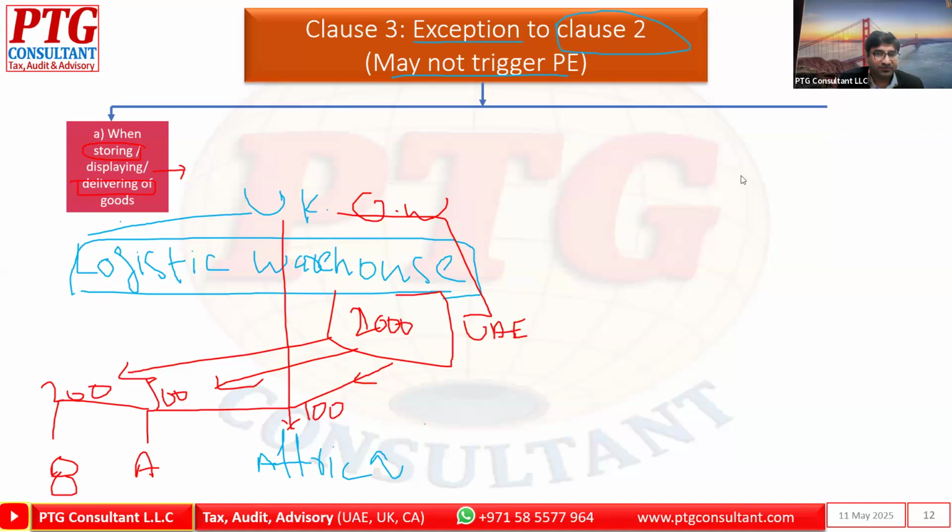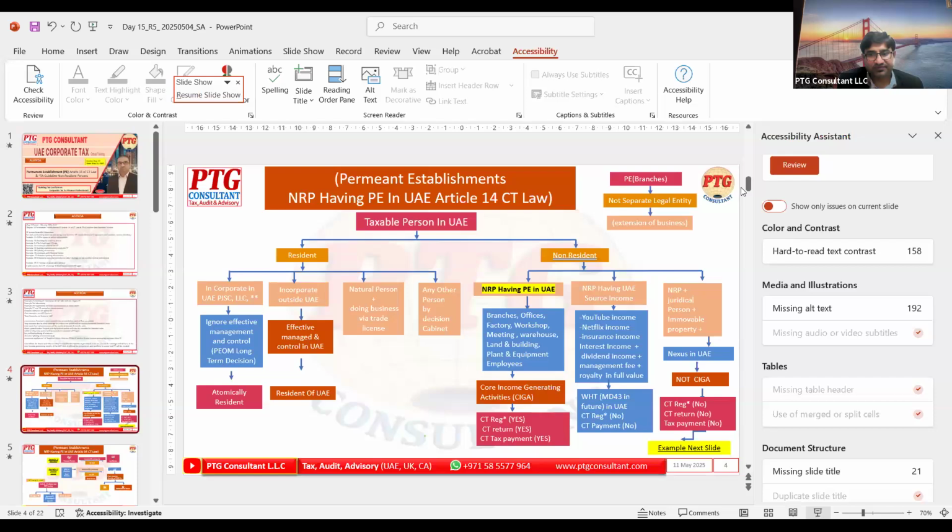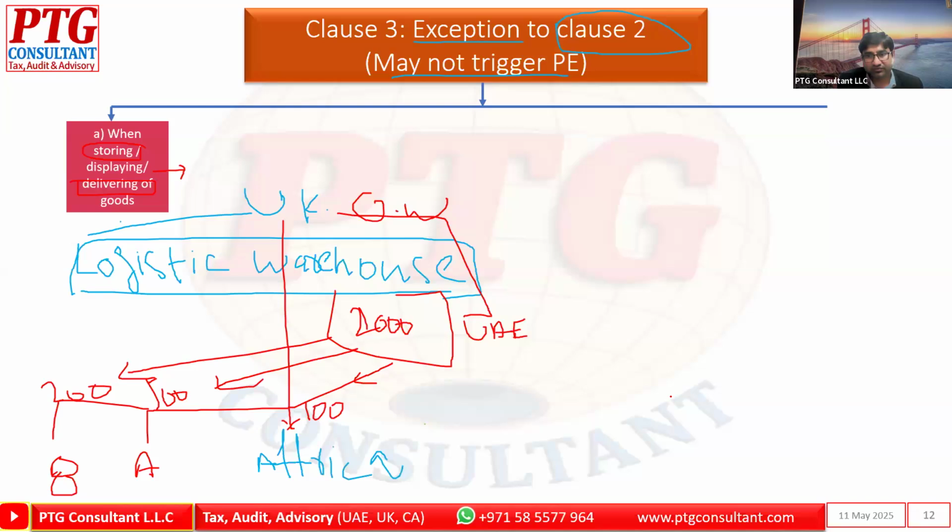Guys, let me know, is this point clear? Okay, now this is the first point that we understand. Let's move to the next, the second point where we are saying it may not trigger PE.